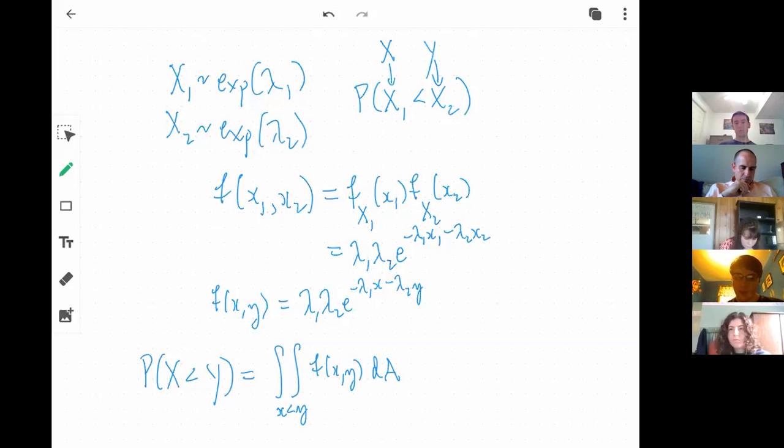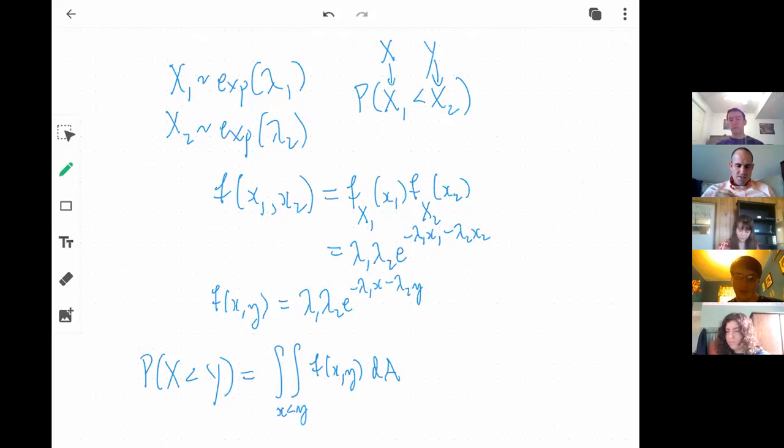So, incidentally, for the exponential distribution, what's true about x and y? What values are we allowed to use for x and y? What's the smallest x could be and still get a contribution from the density?